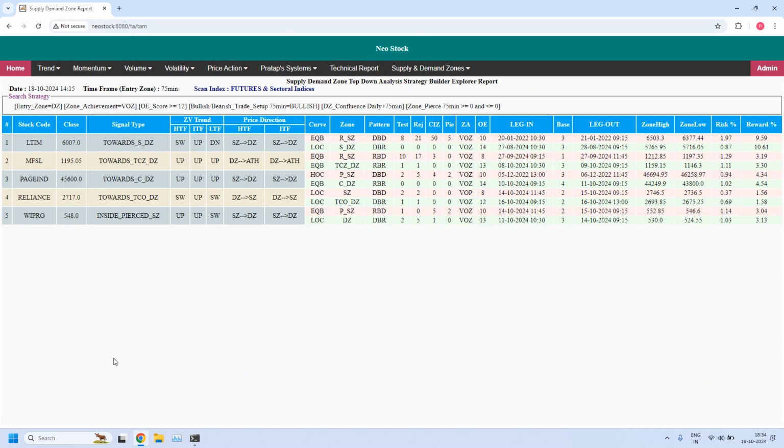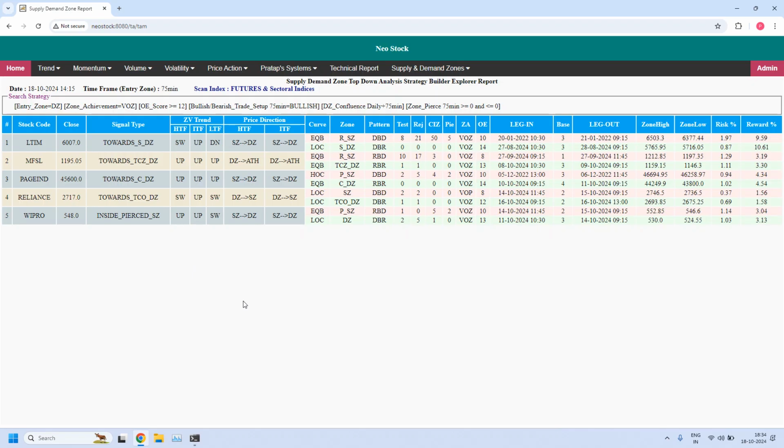We got 5 stocks. And all these 5 stocks are currently supporting bullish trade setup for weekly income trade. And also LTF zone is part of the ITF zone. That means 75 minute zone is part of the daily zone.